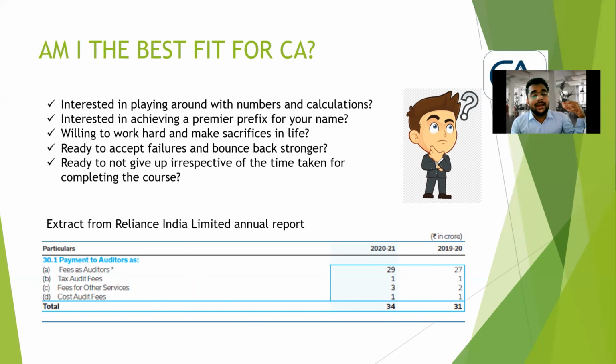That's the spirit you should have: irrespective of the number of years or the time I take, I'm going to complete this course. Trust me, once you become a CA, it's an altogether different feeling. I just wanted you to know the importance of this profession or course before you decide if you are the best fit. Just think of the situation once you clear the exams.